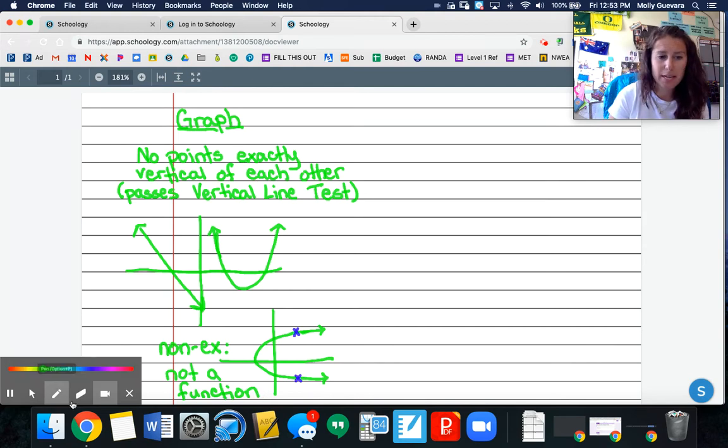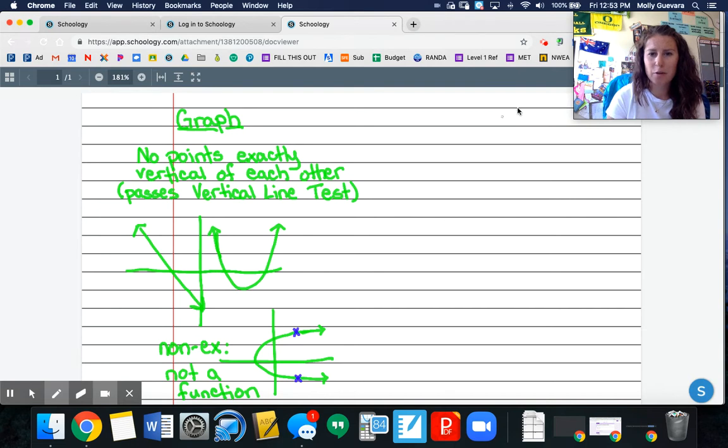Now let's talk about tables. So let's go like a pinky, a pink color. Ideally, I'm going to do all three right next to each other, but I have to write a little bit bigger on the screen. So just know that I ideally would have all of them right next to each other.